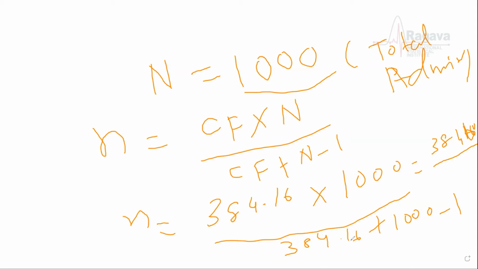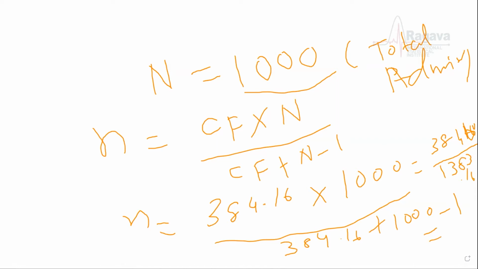Divided by 384.16 plus 999, because 1000 minus 1 is 999. How much will 384.16 plus 999 come to? 1383, correct? 1383.16. Now we need to divide these two numbers.